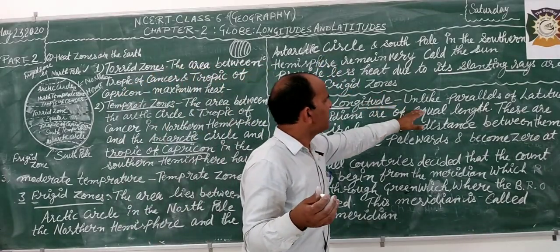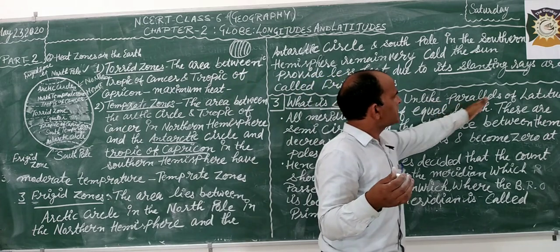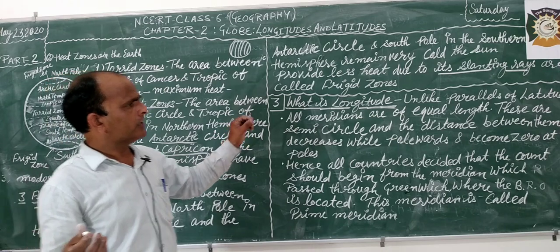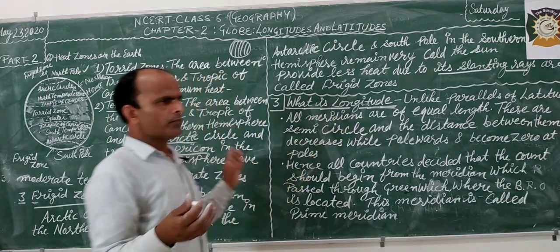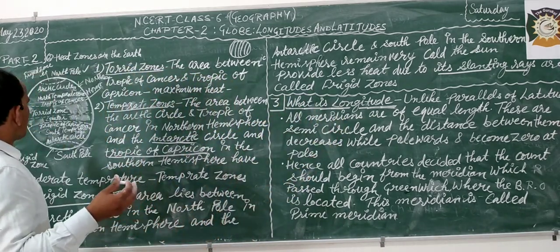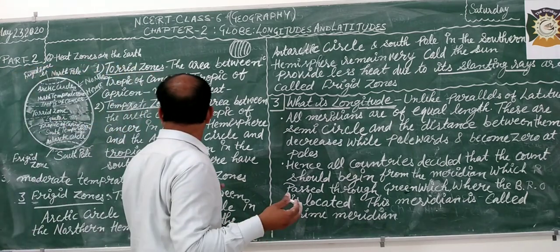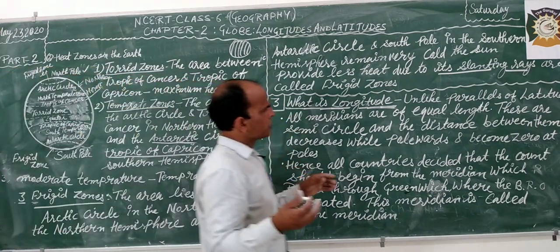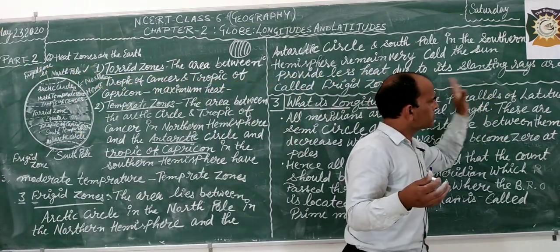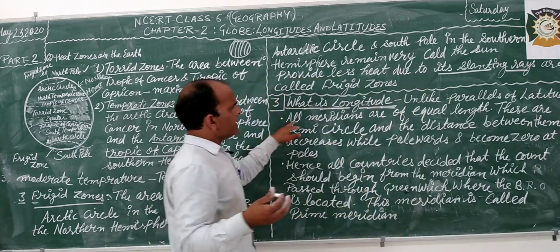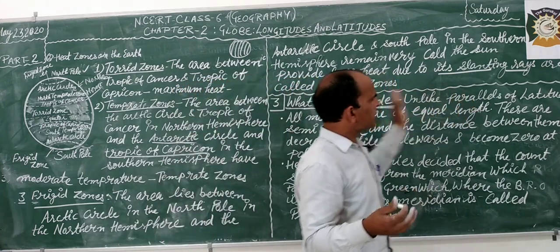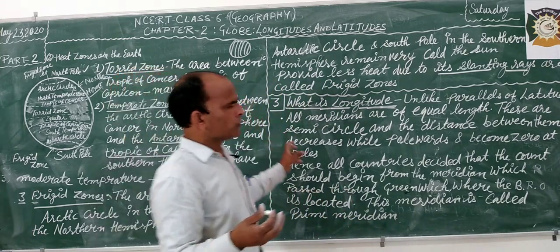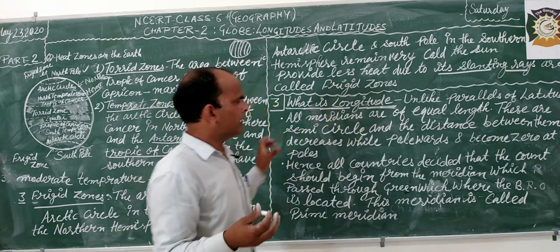So what are the longitudes? Longitudes are semicircles. We have discussed that there are 4 parallels of latitudes: Tropic of Cancer, Tropic of Capricorn, Arctic Circle, Antarctic Circle. Unlike parallels of latitudes, all meridians are of equal length.